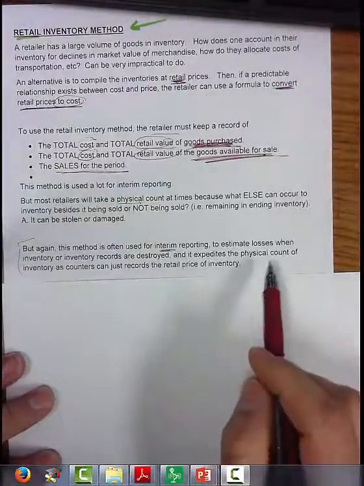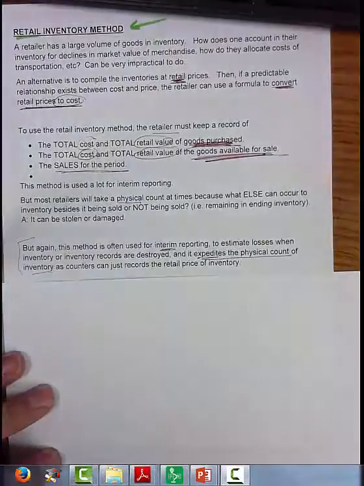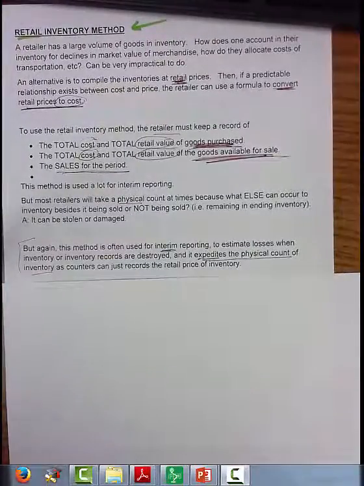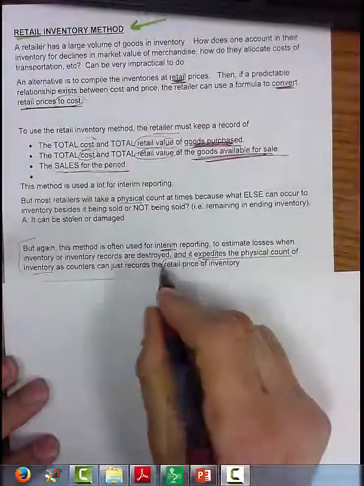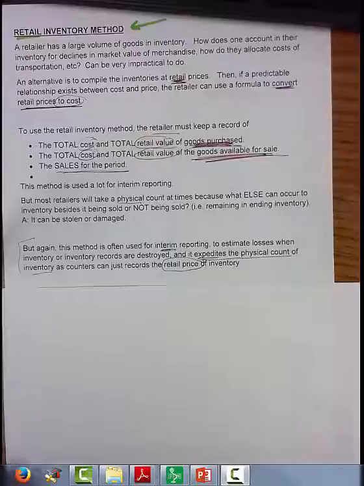It expedites the physical count of inventory, because when people are counting the inventory and keeping track of its value, they can just record the retail price, the price that's marked for the ultimate customer on the inventory, and then we'll just convert that amount to cost. All right, let's take a look at how we're going to do this, and then we're going to do an example.